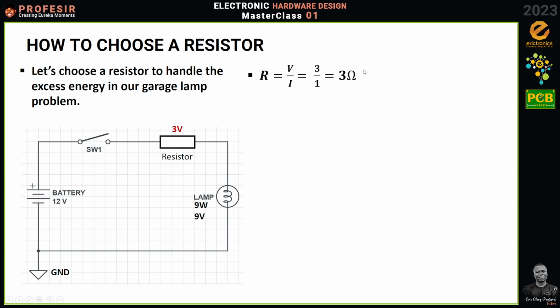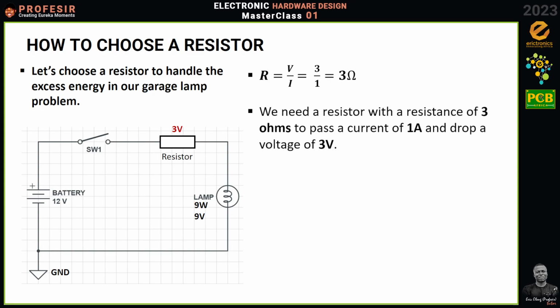If we do the calculation, it means that we need a resistor rated 3 ohm. Great. Now we know the value of the resistance. We can walk to the market and get a 3 ohm resistor. Fortunately, a 3 ohm resistor is a standard resistor, something that we can buy off the shelf.